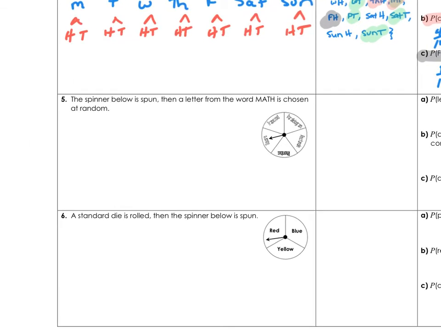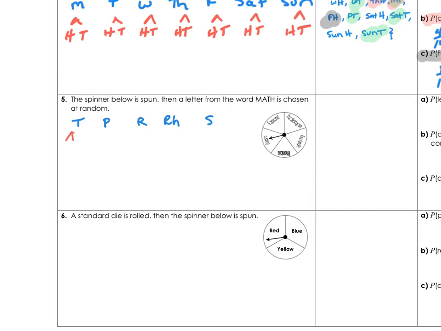Okay, so let's go ahead and try to do our tree diagram here. So we've got trapezoid, parallelogram, rectangle, rhombus, we'll use RH, and square. And then a letter from MATH is chosen. Sweet.